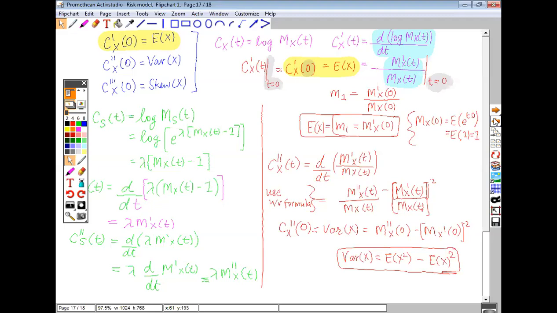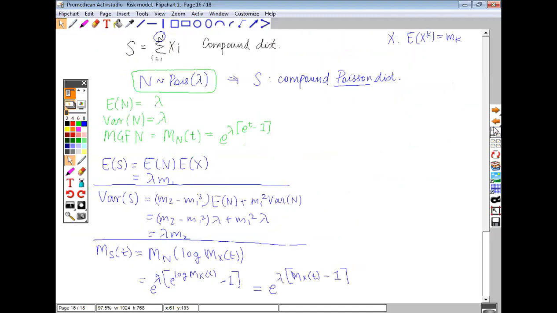And then we added all of them to make one particular portfolio of policies, which was S. Now if I, as an insurance company, care not only about one particular portfolio, but about all the portfolios in general, then remember we added all of these X's to get one S. Now I'll be adding all the other S's to get something which is A. So basically what I will be doing is a sum of compound Poisson distributions.